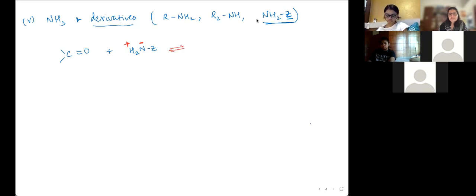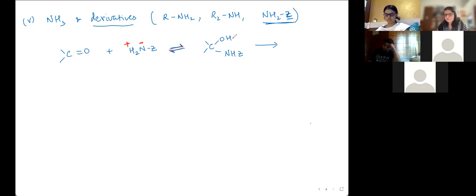See, I keep using a reversible arrow always in the first step because we discussed this in the previous class. The first step is the slow step, that needs to happen. Then the second step is pushed. All right. So you have OH and here NHZ. And this on hydrolysis can be converted again.